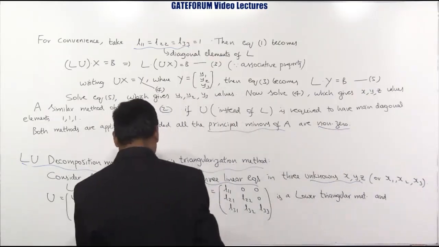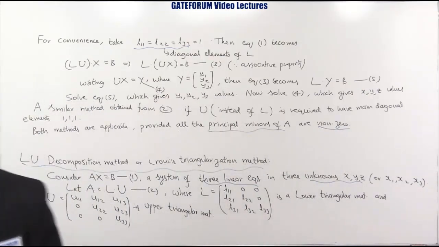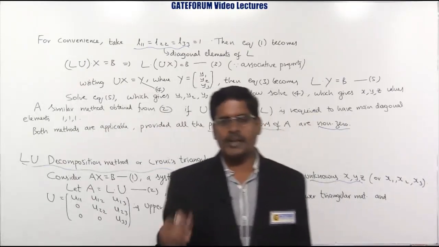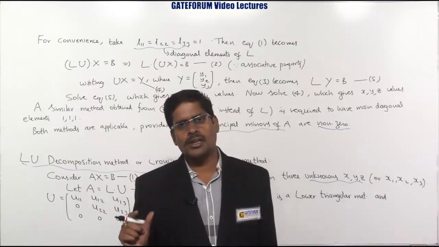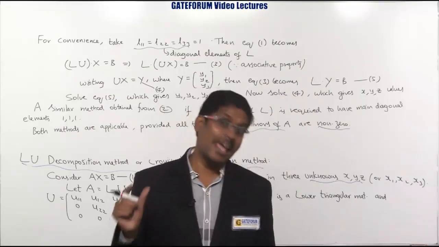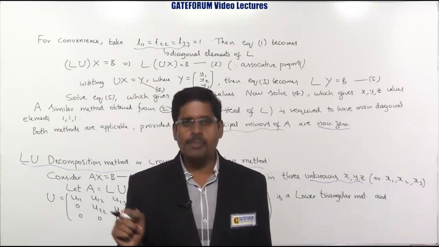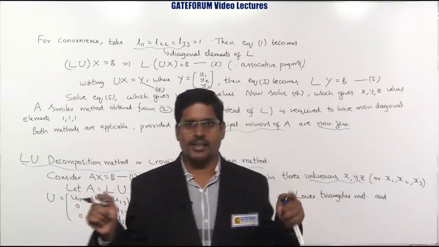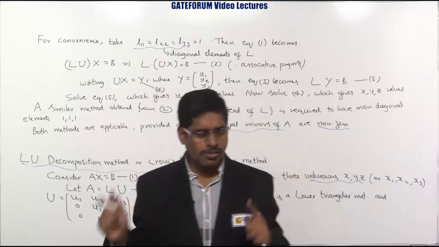I will explain. What is minor of a matrix A? Long back I told you. An R cross R submatrix determinant of R cross R submatrix is called a minor of A. So principal minor of A means A11, the first element of the matrix A, determinant not equal to 0.